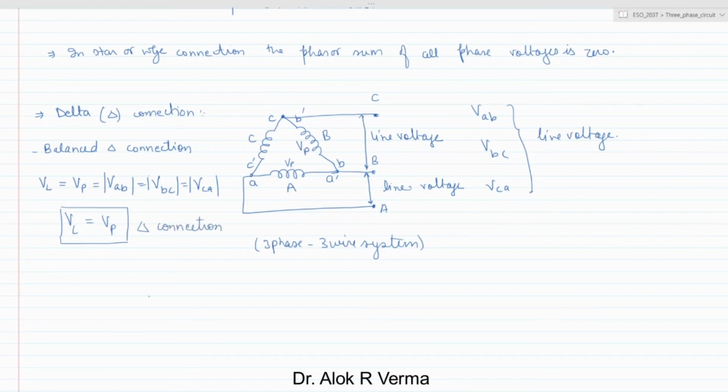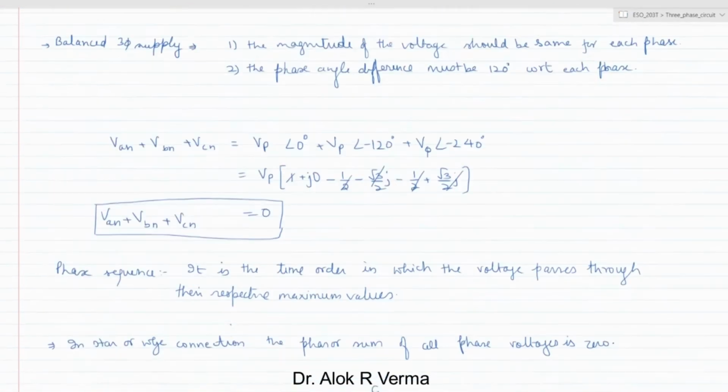Now calculate the line voltage in the star system, which we have seen earlier, right? VAB, what is VAB? Go to the star connection and see.